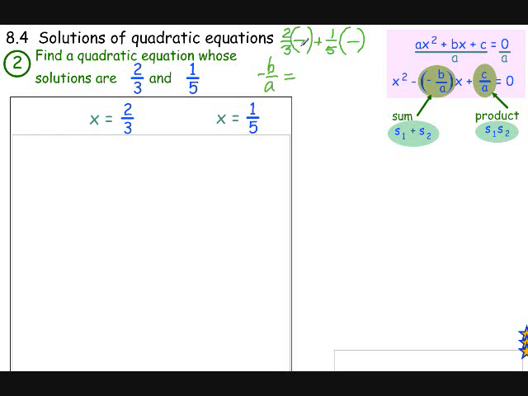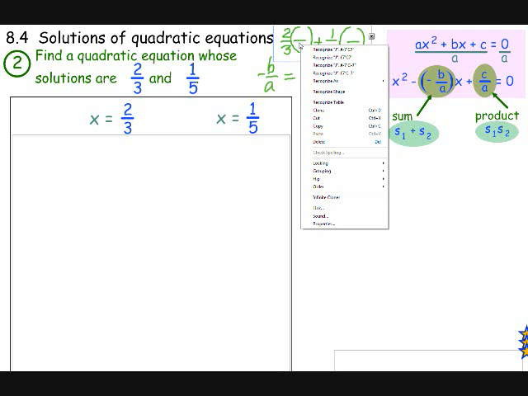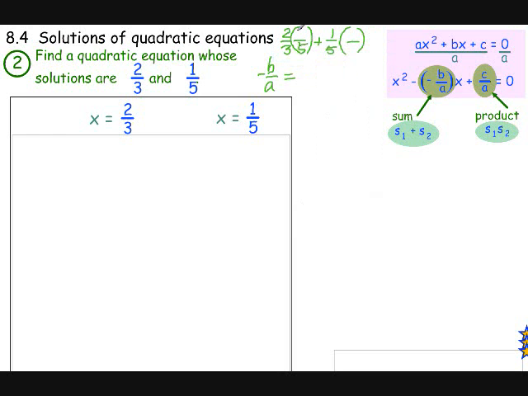Yes, 15. And to get this to be 15, I'm going to multiply it by a fancy 1, 5 over 5, and this by a fancy 1, 3 over 3. That's going to give me 15 in my denominator, and in my numerator I'm going to have 10 plus 3, 13. So negative b over a is 13/15.